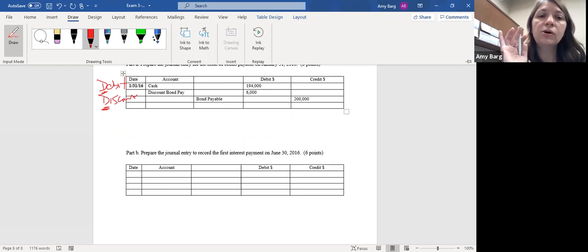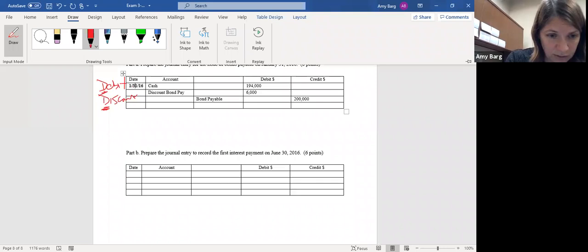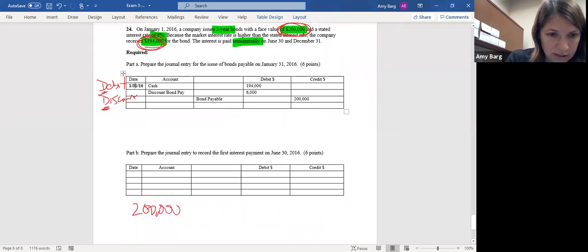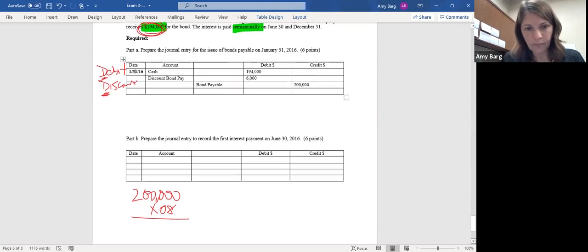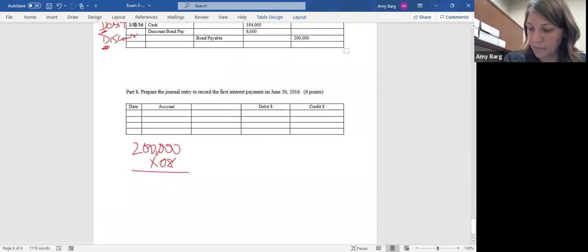Even though we paid less and got it at a discount, the interest is always calculated on the face value, the 200,000 times that 8% interest rate. 200,000 times 8% is 16,000.